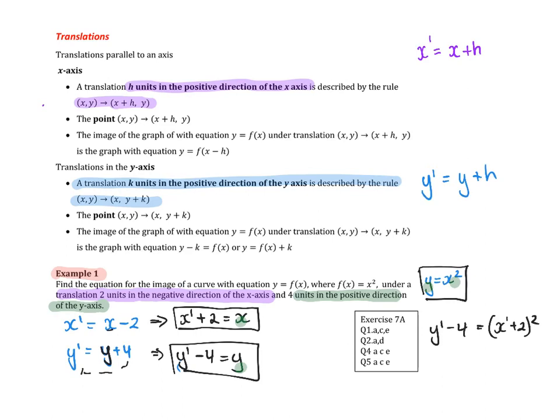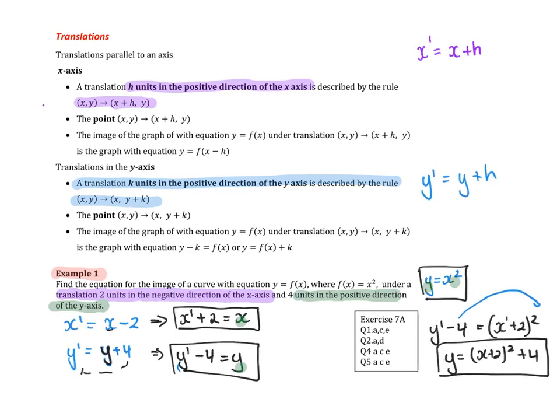Once you've written out the formula, we don't need to have those little dashes in there anymore, so we might change that out. We also might not really want the 4 on that side, so we'll put it over that side. So we end up with y equals (x plus 2) squared plus 4. So there's our new formula.